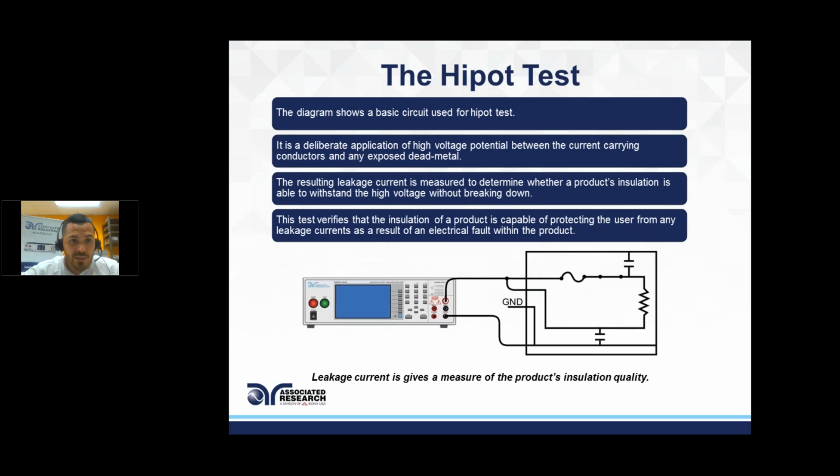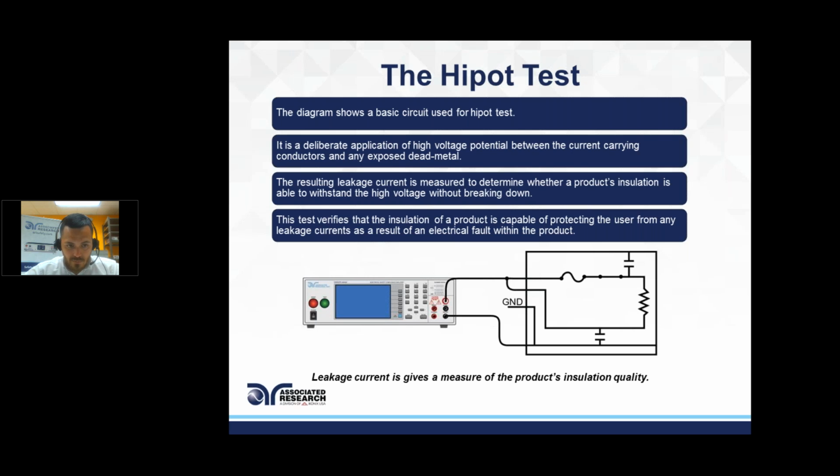Okay, the resulting leakage between that capacitor, right, through the insulation is measured to determine whether a product's insulation is able to withstand the high voltage without breaking down. So we will get to the definition of breaking down in the next few slides. So this test again verifies that the insulation of a product is capable of protecting the user from any leakage currents as a result of an electrical fault within the product.